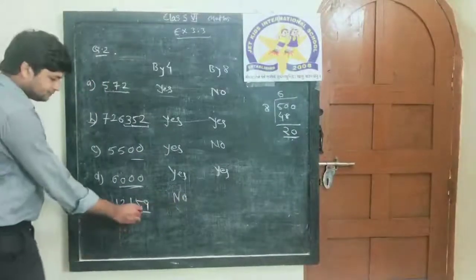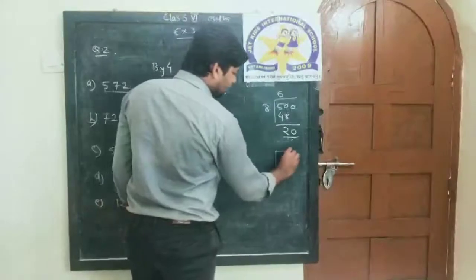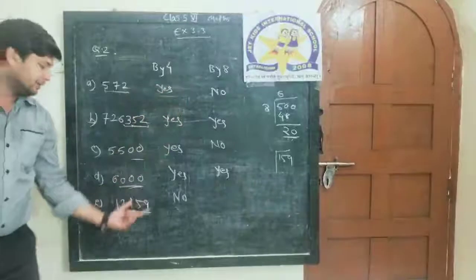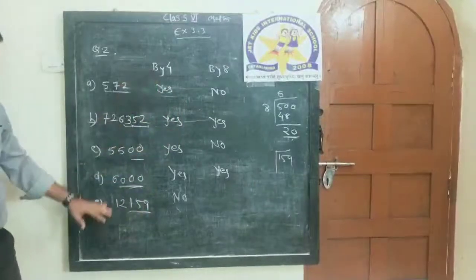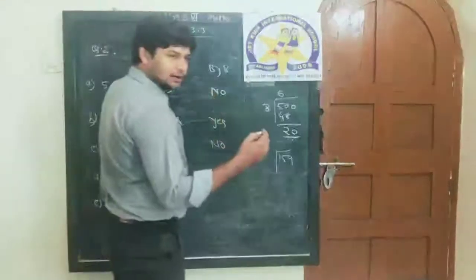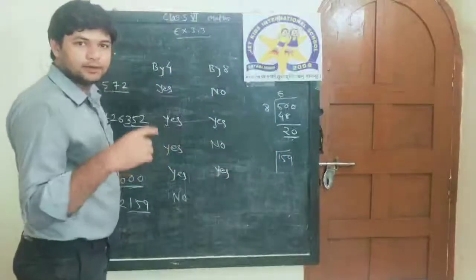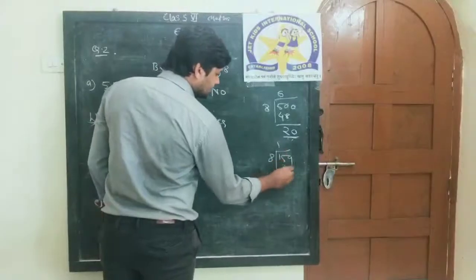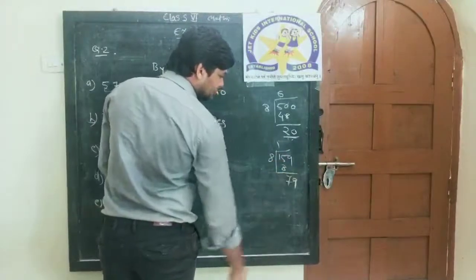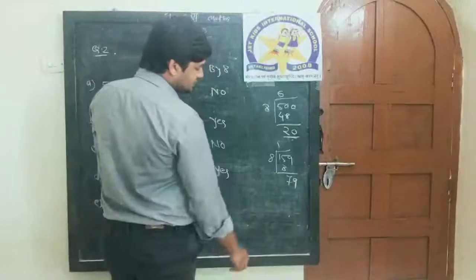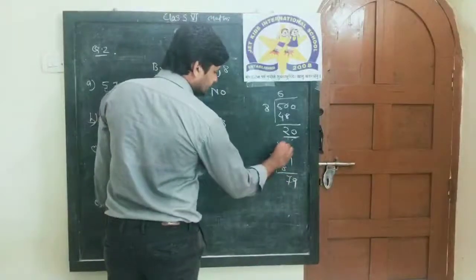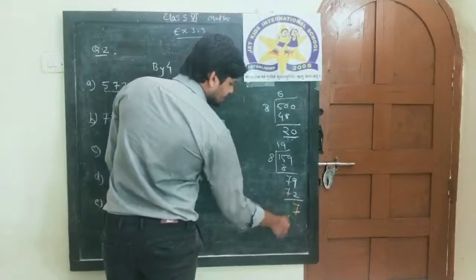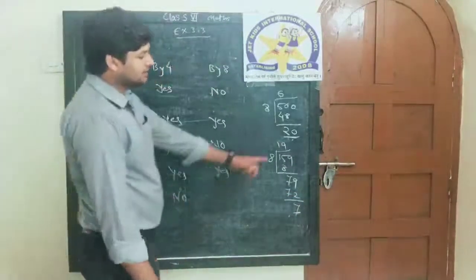Then let us check 159, because we take the last 3 digits. If the last 3 digits are divisible by 8, then the whole number will be divisible by 8. This is our divisibility test that we learned in the previous video. 8 ones are 8, 1, then 5, 9. 79 is not divisible by 8, because 8 nines are 72, remainder 7, and 7 is not divisible by 8.